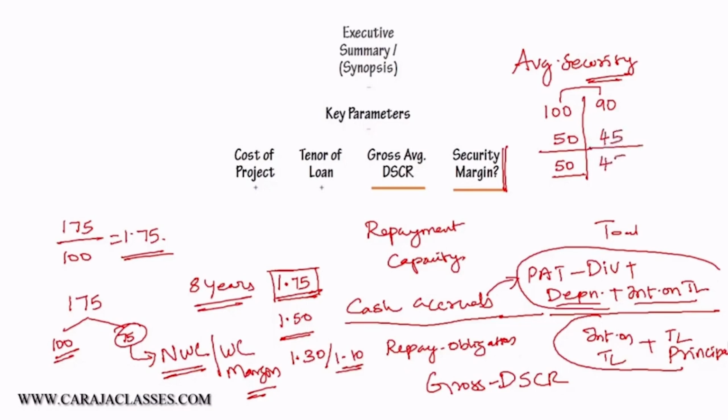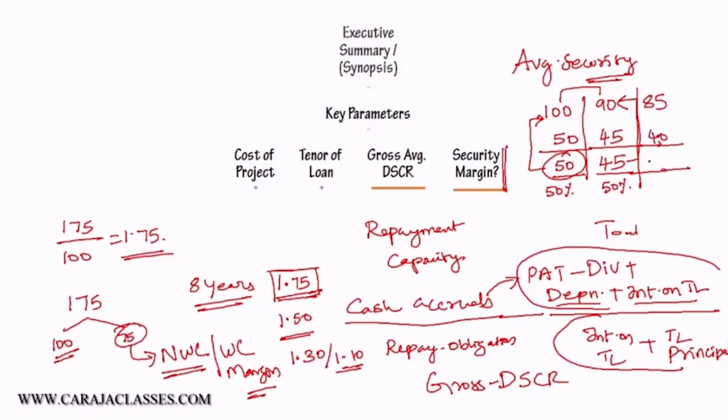So what is the security margin you have now? 45. Now, what I'm going to do: the security margin I had was 50 on 100. If I express it in percentage, the security margin is 50%. Here it is 45 on 90. Luckily, here also we are getting the same: 45 on 90, security margin is 50%. Let's say the third year: this is becoming 85 and this is becoming 40.